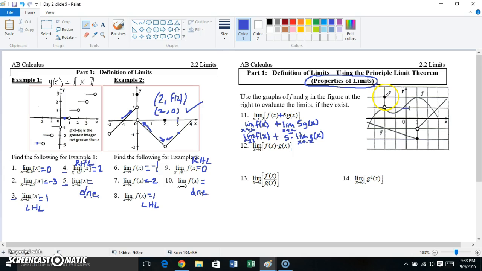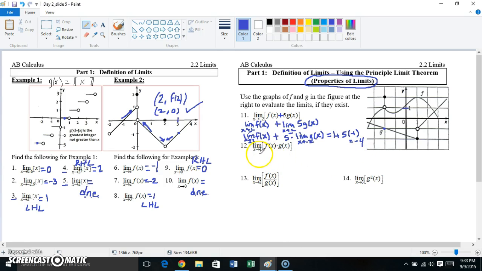Even though my function value is 2, my y value approaches 1. So this is going to be 1 for this piece, the limit of f of x. What's 5 times the limit of g of x as x approaches negative 2? g of x as x approaches negative 2 is negative 1. So we're going to have plus 5 times negative 1. All right, 1 plus negative 5 is negative 4.